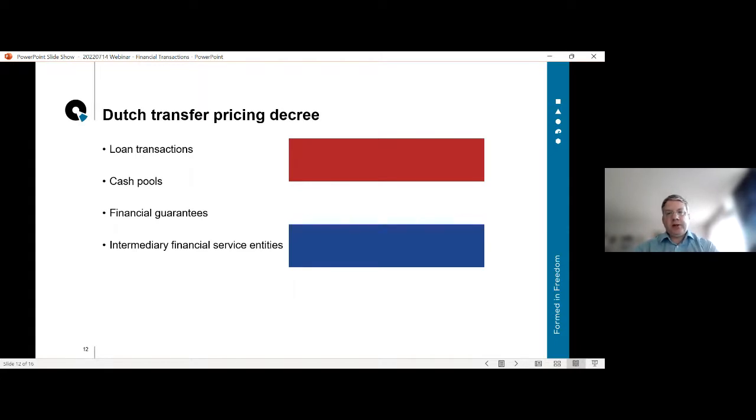As far as loan transactions are concerned, there are not many surprises in the new transfer pricing decree. The decree stipulates that there should be an accurate delineation of the financial transaction. So you should assess whether what is presented as a loan is also a loan for tax purposes. In that respect, it is very important to apply what we always call the could have and would have approach.